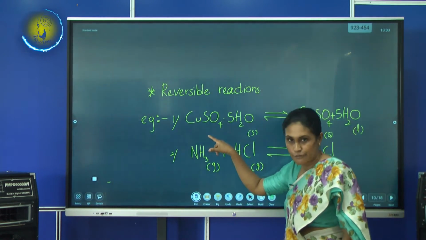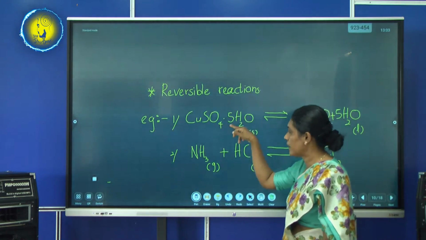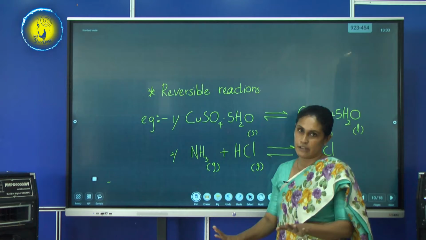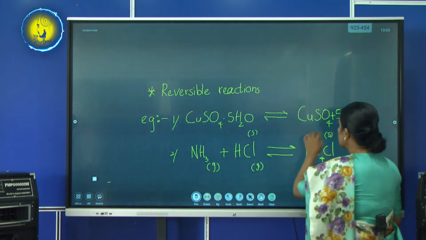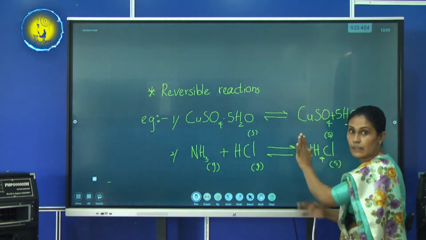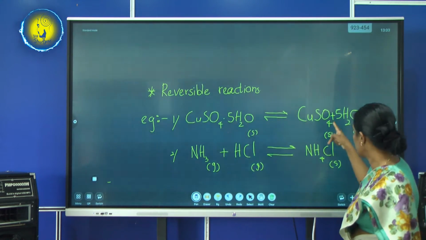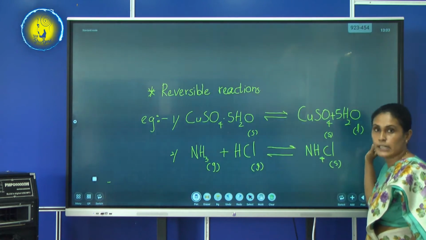You have copper sulfate, you added water. Once it was anhydrous, when you added water, it turns to hydrated copper sulfate. Okay, fine. Then what will happen? If you heat it, then it will separate. The water will evaporate. Copper sulfate remains as solid and you can find water as liquid.